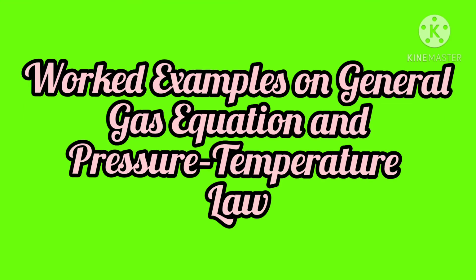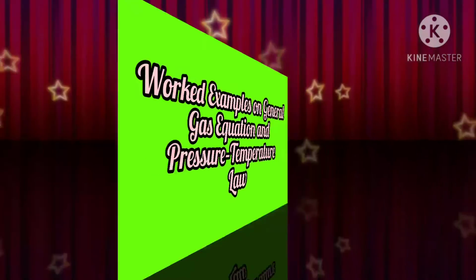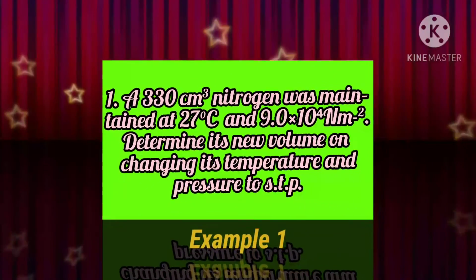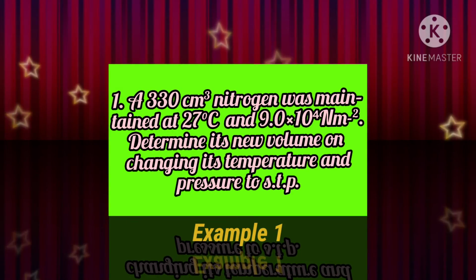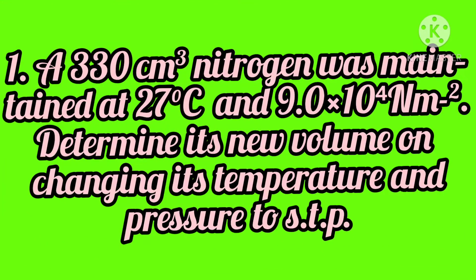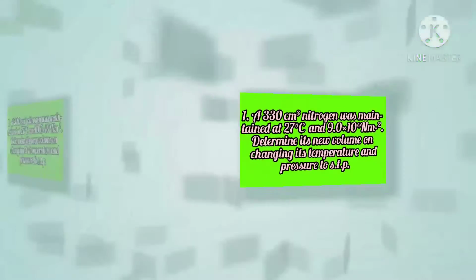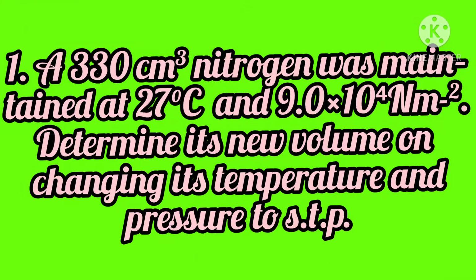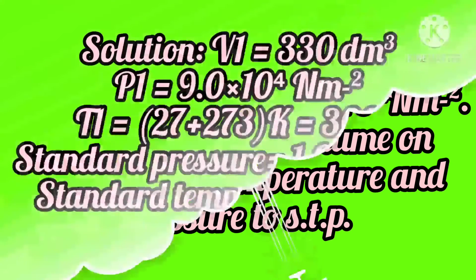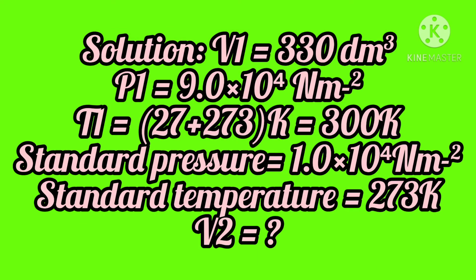Now let's consider some examples on this. A 330 cm cube of nitrogen was maintained at 27 degrees Celsius and 9.0 times 10 raised to the power 4 Newton per meter squared. Determine its new volume on changing its temperature and pressure to standard temperature and pressure, STP. We use the general gas equation for this.